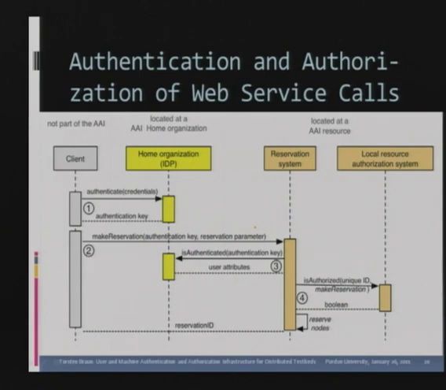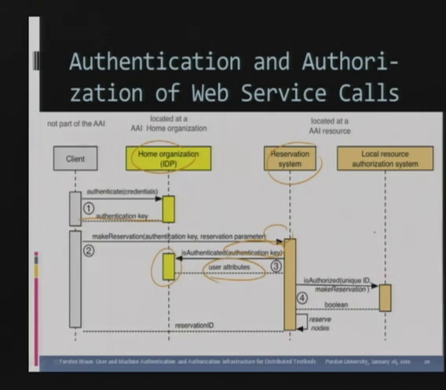Then the reservation system, which gets this call, asks the home organization and just provides the authentication key. That's the information it has. The home organization has issued the authentication key and can then look into the database what kind of user is behind that authentication key and can provide the user attributes.